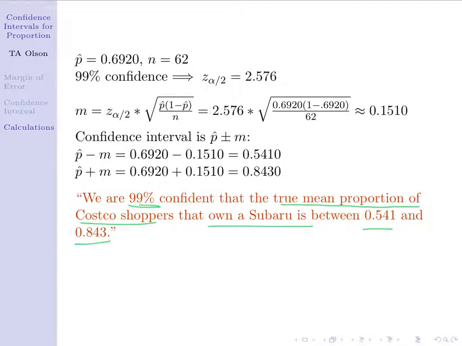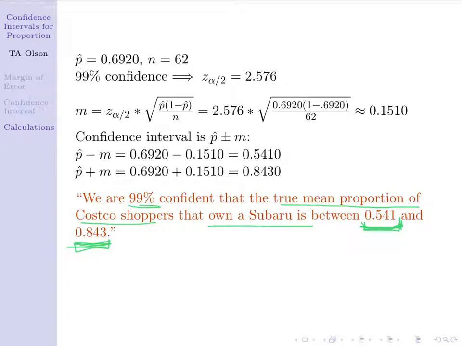Okay. Now, when we talk about statistics, one of the things that we typically like to look for is this idea of majority. If the entire proportion is either above 0.5, right? So if the bottom is greater than 0.5, or if the top is below 0.5, we can say something about whether or not it's reasonable to assume the majority do have a thing or the majority do not have a thing.